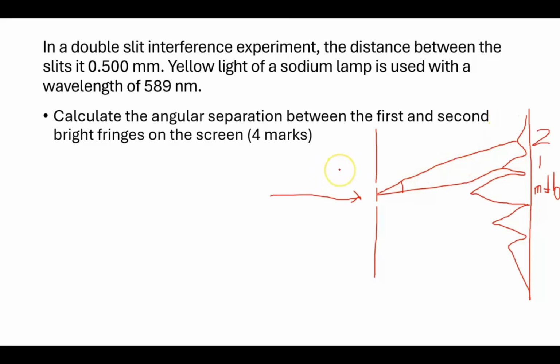First thing, you are going to recall that we have a formula here. The double slit equation says that d sine theta m is equal to m lambda. So this theta m here is defined as, if you draw a line through the horizontal here, then this theta m is the angular displacement from the central maximum of the first order maximum, and this is the angular displacement of the second order maximum.